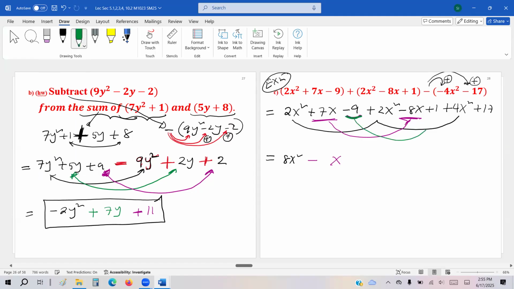Negative 9 plus 1 plus 17. Positive 9. Negative 9 plus 1 is negative 8. 17 minus 8 is 9.